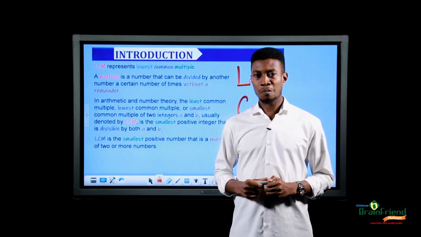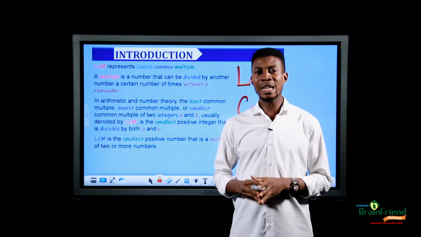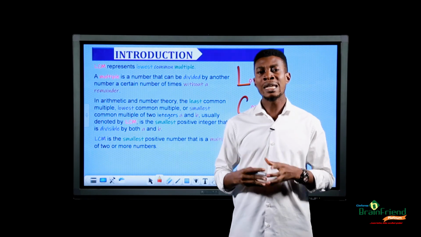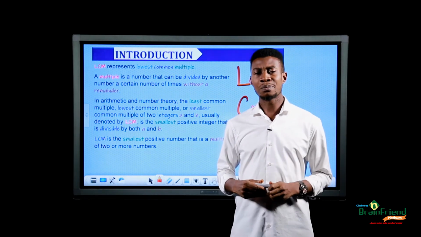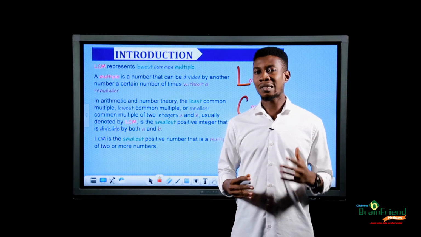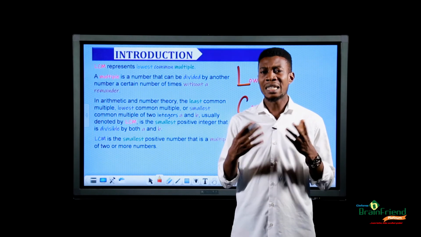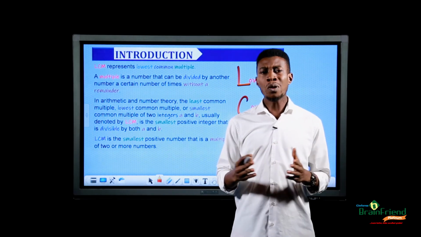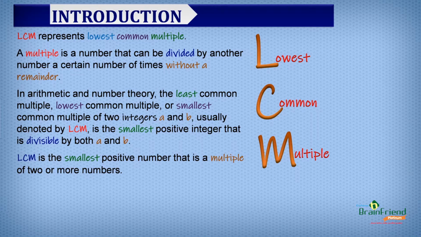Before this lesson, I expect that you must have gone through the lesson on HCF Part 1 and also the lesson on LCM. Now, just a quick reminder, LCM stands for lowest common multiple. It can also be least common multiple. Now, the important word there is multiple. What is a multiple?